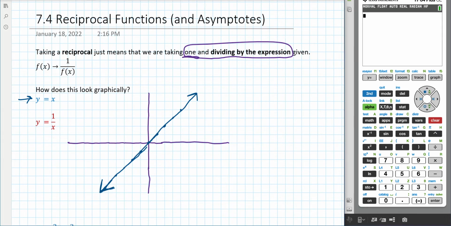What about our y equals 1 over x? Well, let's just think about this in terms of a table of values. So x is whatever x is. The question is, what does y equal in both of our cases? So just think about what x is.